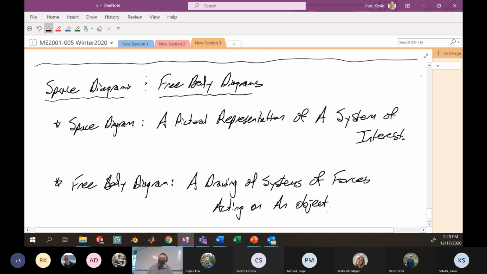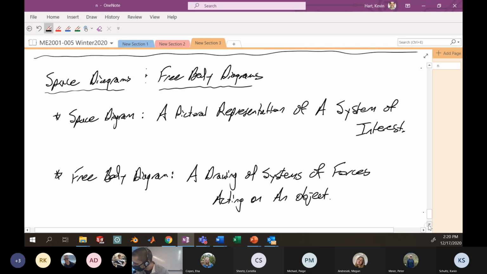Okay, and we usually make these by isolating a particular component and then drawing forces associated with all of the things that we cut away from that particular body.